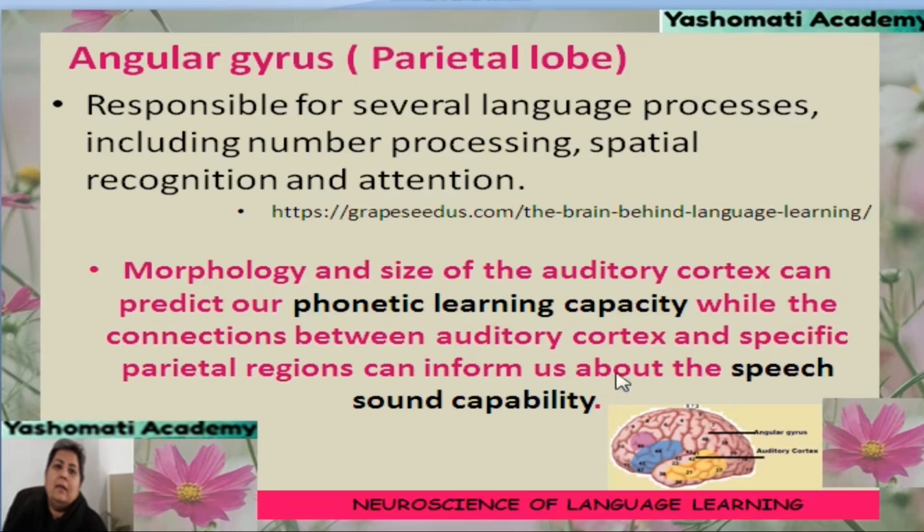So, if these connections are not very well developed, then speech sound disorder may occur, and in that case the learner will have trouble saying certain sounds and words which he is expected to learn by his age.